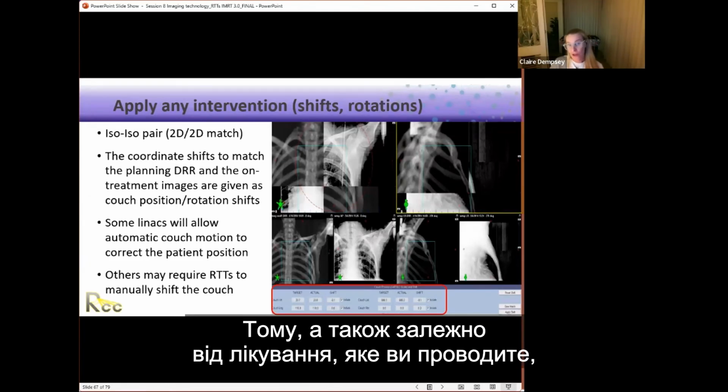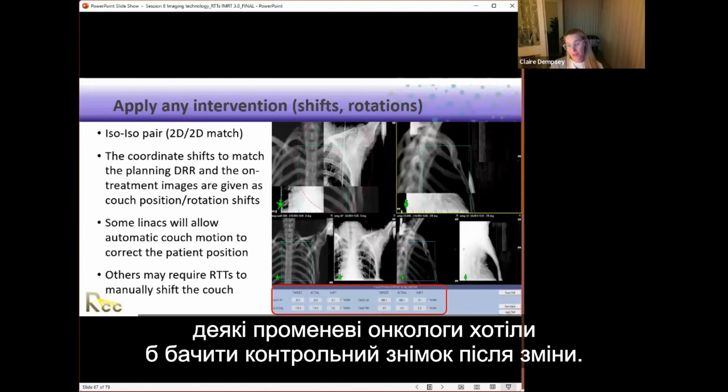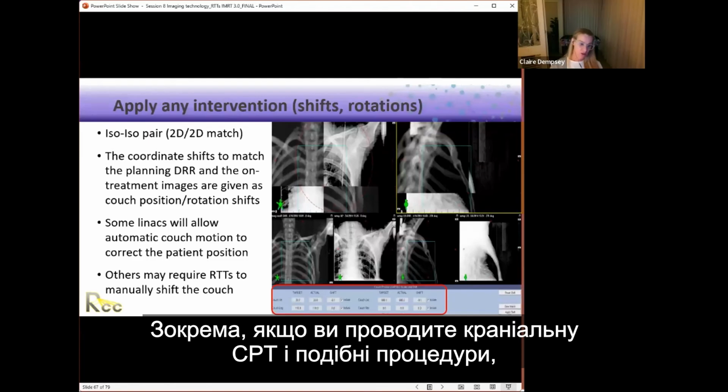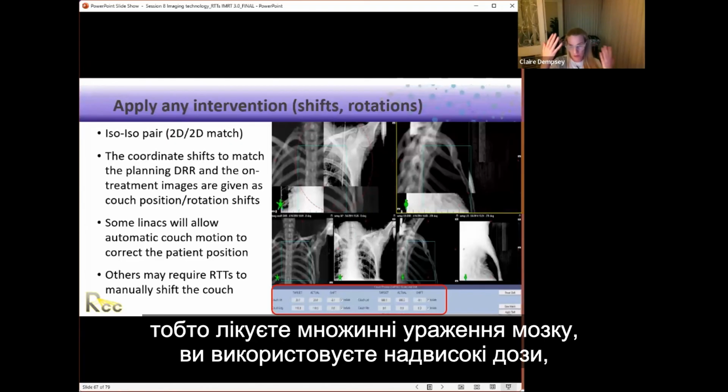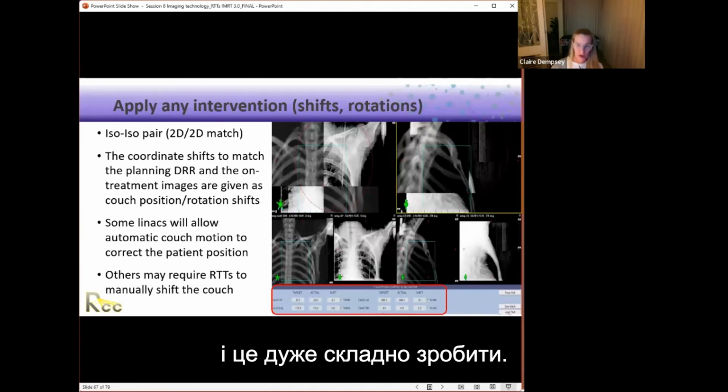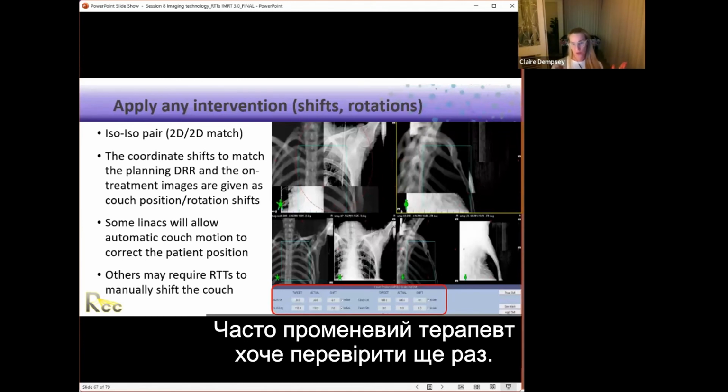And also depending on the treatment that you're doing, some radiation oncologists would like to see a post-shift verification image. So particularly, say, if you're doing cranial SRS and things like that, you're treating multiple lesions in the brain, super high doses and super difficult to do, often the radiation oncologists want to double check.